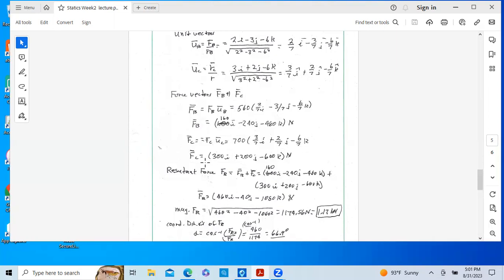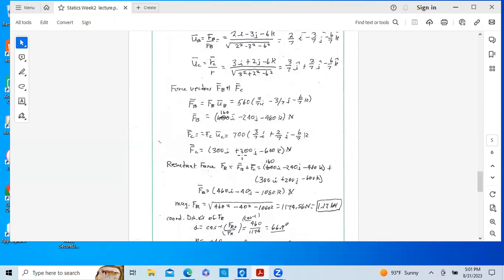And we can get the force in C then as a vector quantity. We just multiply 700 times each of these terms, the IJK terms, and we end up with 300I plus 200J minus 600K newtons.